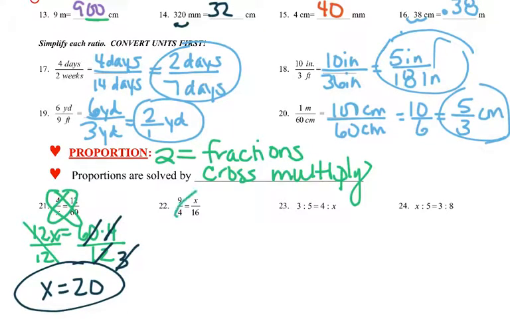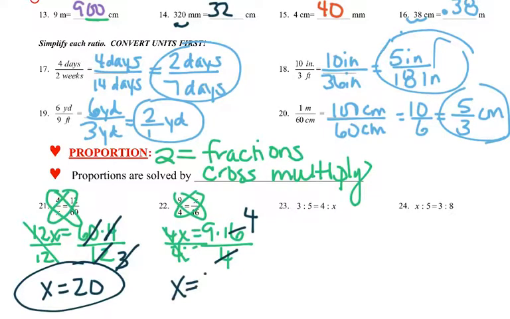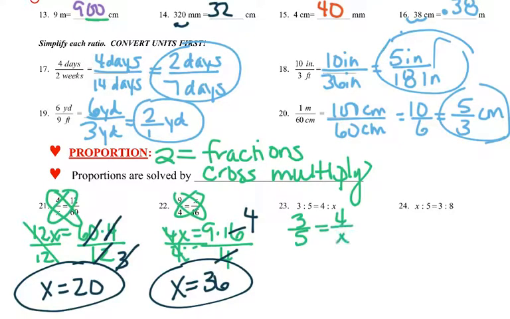Here, if I do my butterfly method, 4 times x equals 9 times 16. I'm not even going to multiply that together. I'm just going to cross cancel. 4 goes into 16 4 times. 9 times 4, 36. If it's written in a different way, so this is written with the colon, the first number is the numerator, second number is denominator.